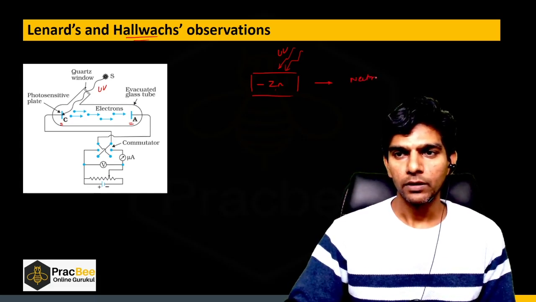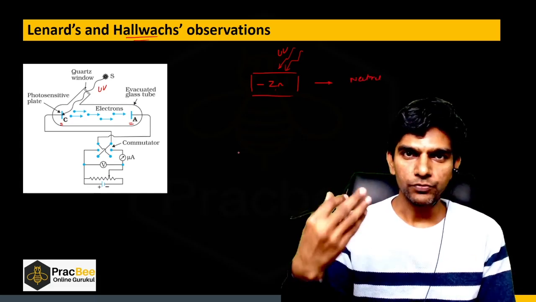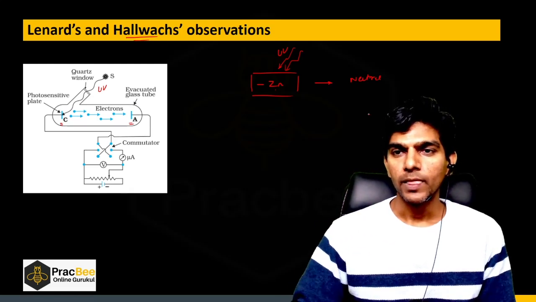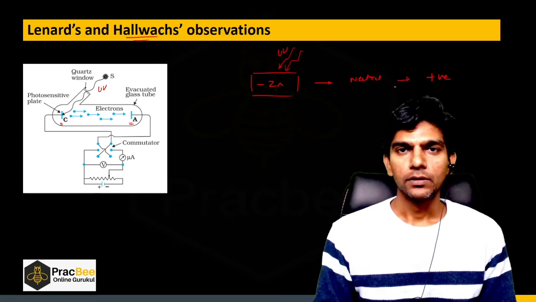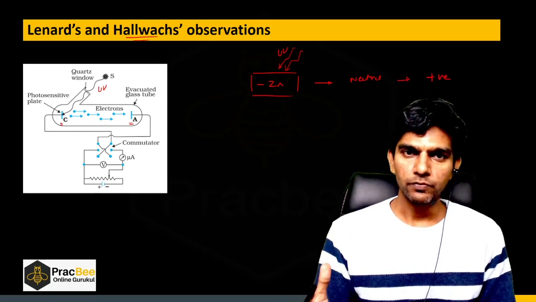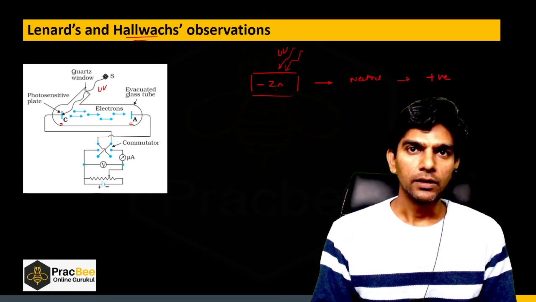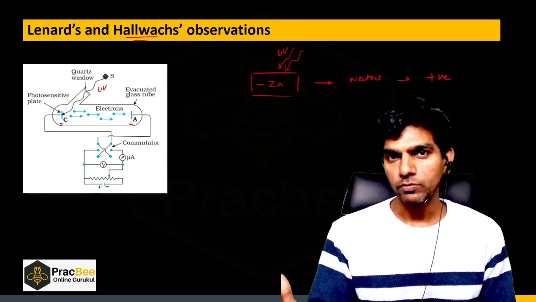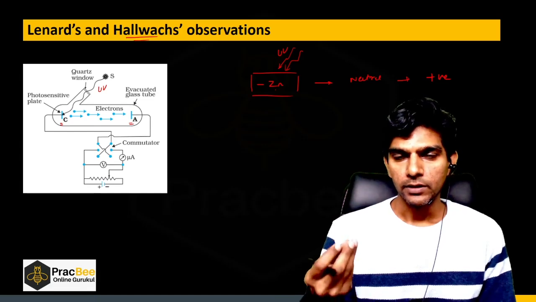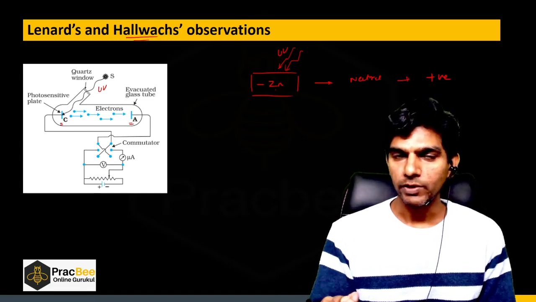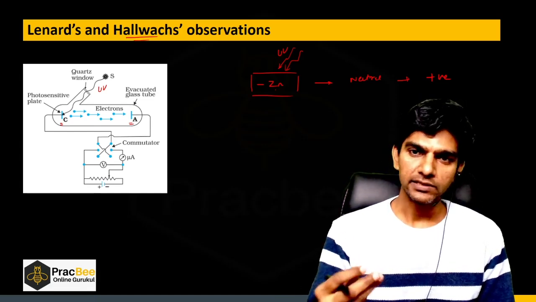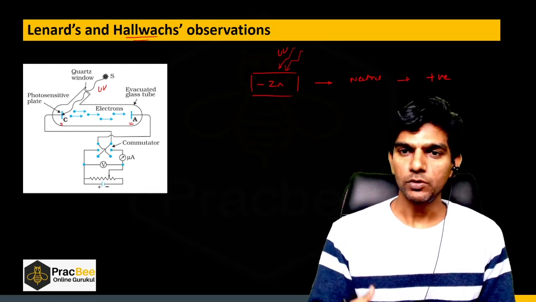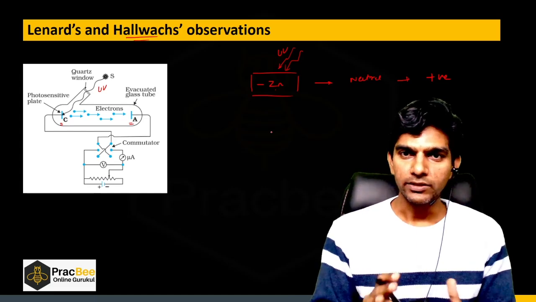And if we keep bombarding it with photons, eventually it becomes positively charged. From these observations, we come across this phenomenon. At that point of time, they were not aware what type of particles were coming out. Later, J.J. Thomson discovered electrons, and they came to know that these particles are electrons. As electrons come out, the material becomes more positively charged. I hope these observations are clear to you.